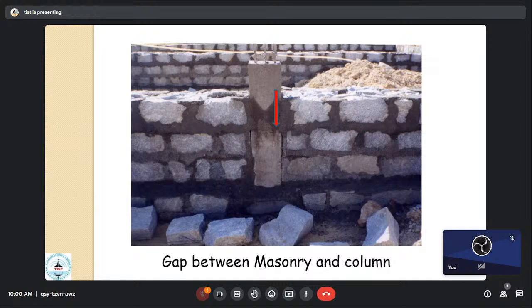But normally what the persons doing the RR towards the end will do is fill in just the mortar inside. So that is the weakest joint there. Anything happens to the structure, this area is going to get cracks. And that crack is not going to be limited to that region alone, it will get transferred to the superstructure also. You will find n number of cracks in the superstructure.